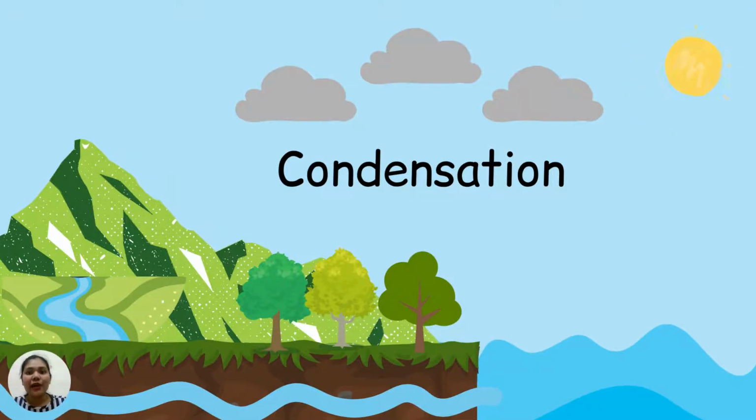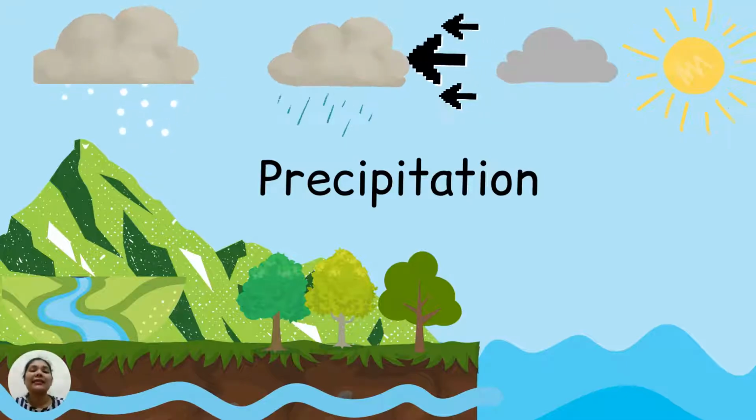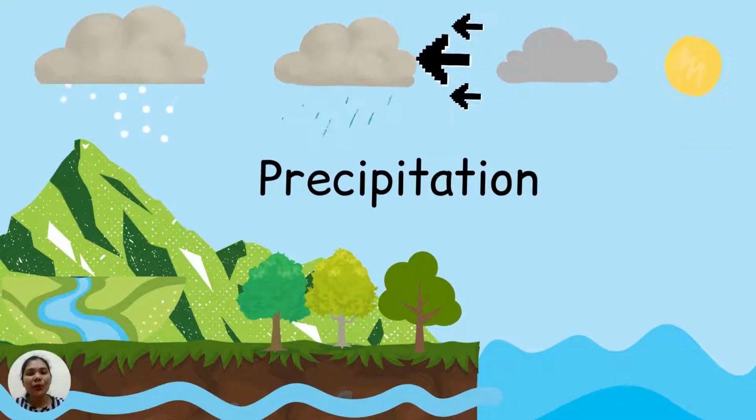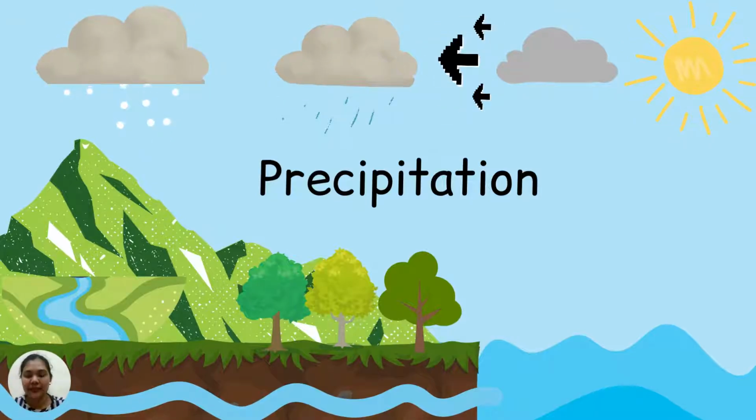Now, again, air currents move clouds around the globe, and cloud particles collide, grow, and fall out of the sky as rain and sometimes snow. And this process is called precipitation.